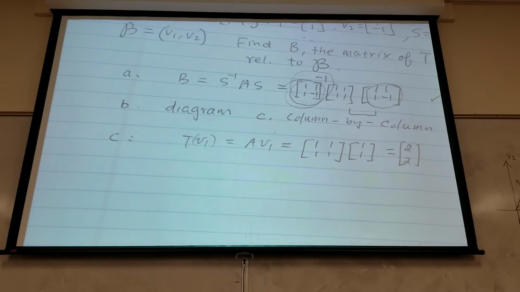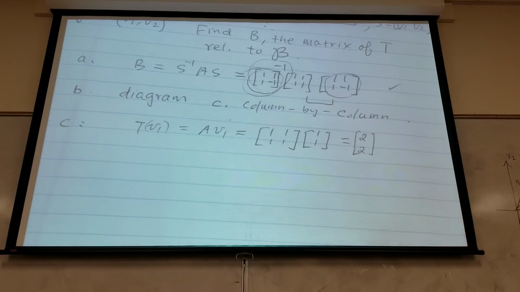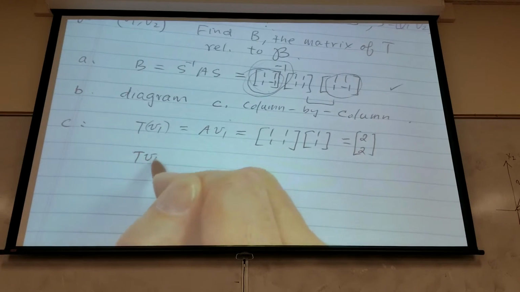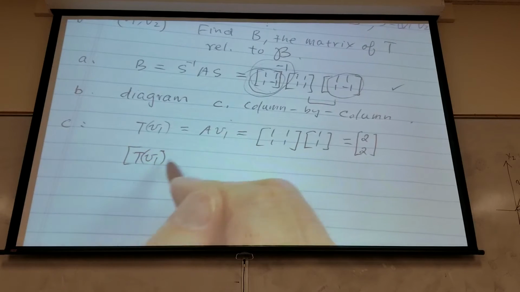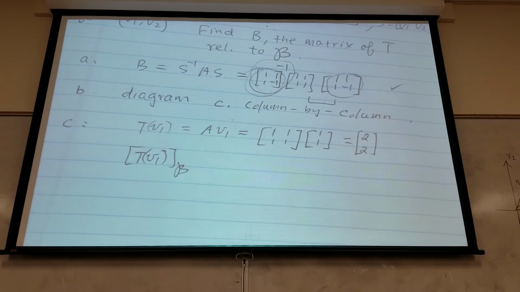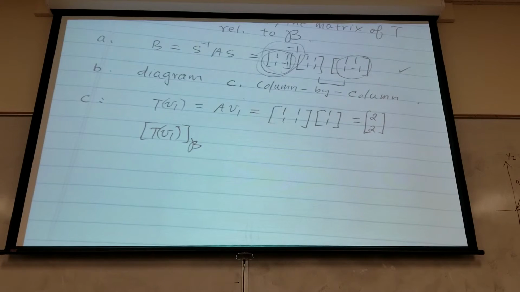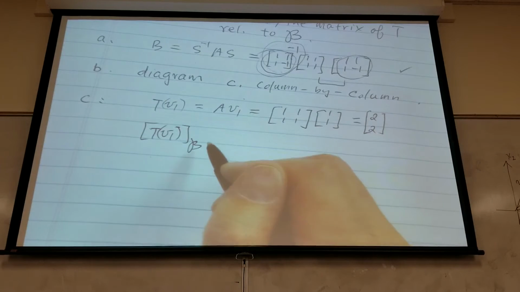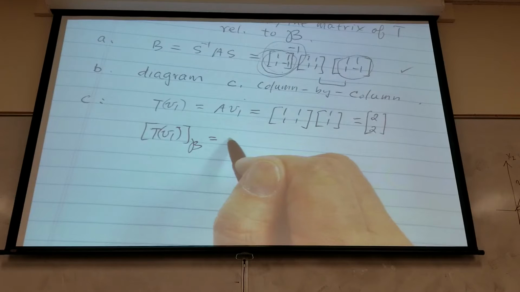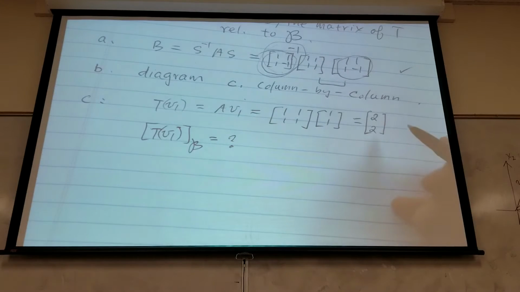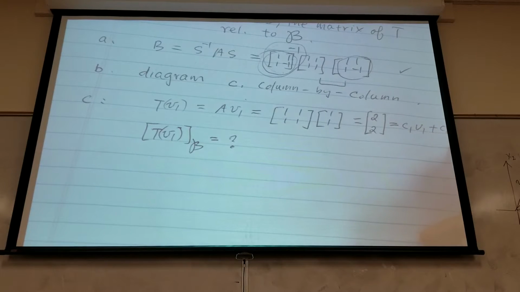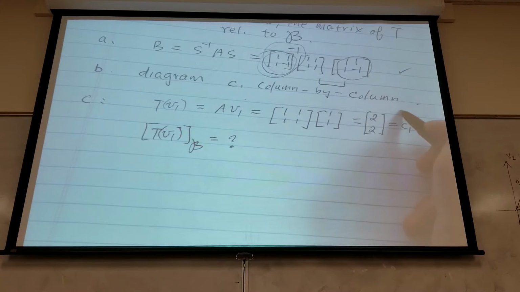After you get 2, 2, what do you need to do? Remember we want to find the coordinates, right? Coordinate of 2, 2, what is it? 2, 2 is x1, x2. So I need to write this as C1V1 plus C2V2. So here is the key step.